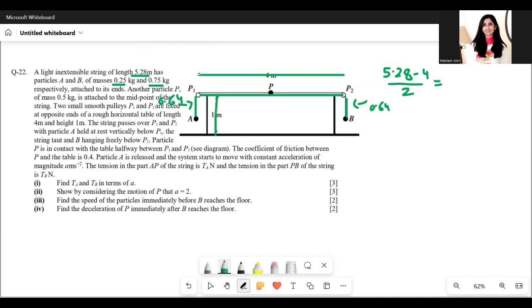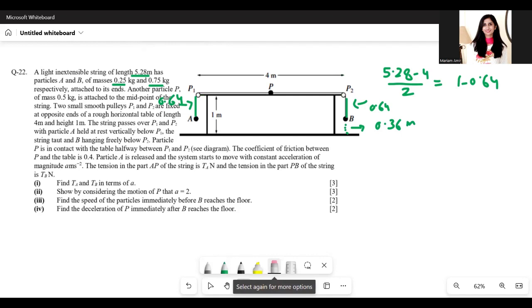And also notice this is 1 meter. So the remaining distance here would be 1 minus 0.64, which is 0.36. Okay, that is done. Now let's move on.